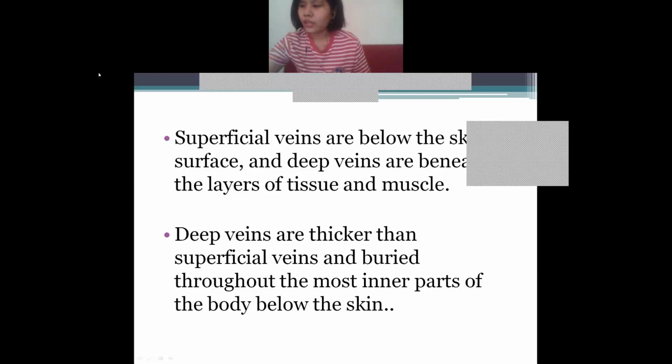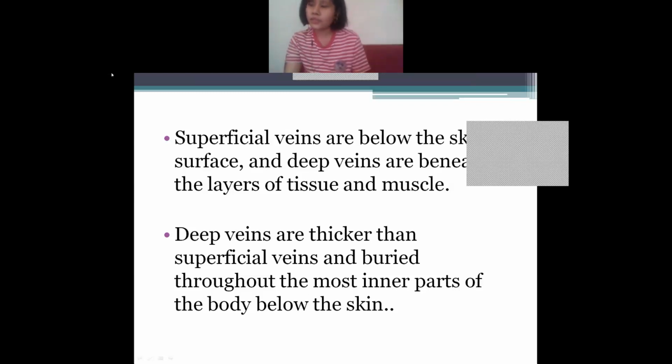And what is the main job of the deep vein? The main job of the deep veins is that they receive the blood from the superficial veins and pump it into the heart. What is the function of the deep vein?